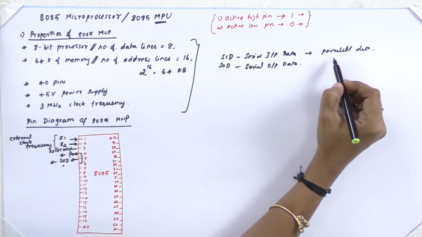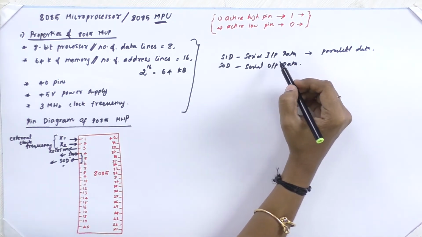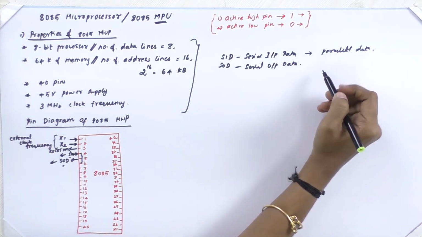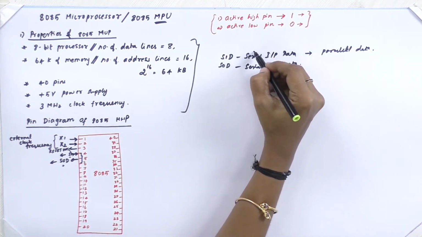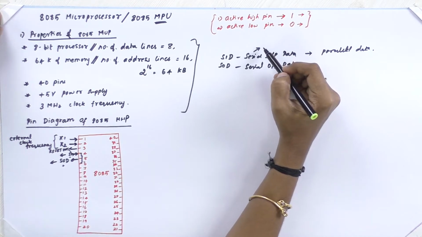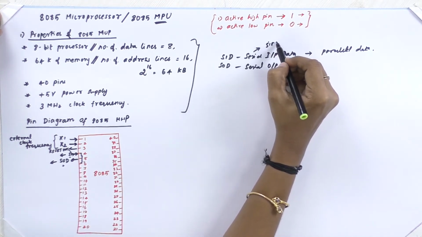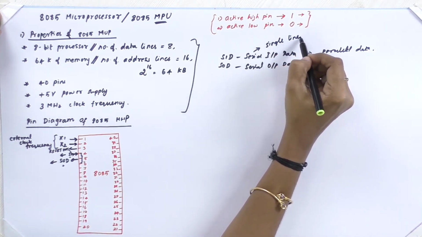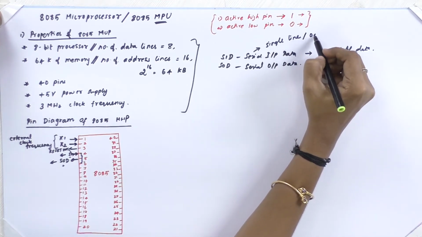Now we will discuss the difference between serial data and parallel data. Serial data means data will be transmitted over a single line, one by one.